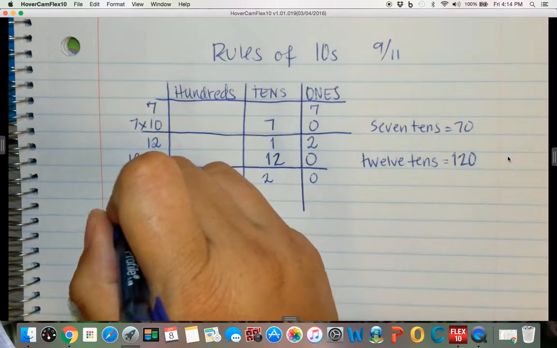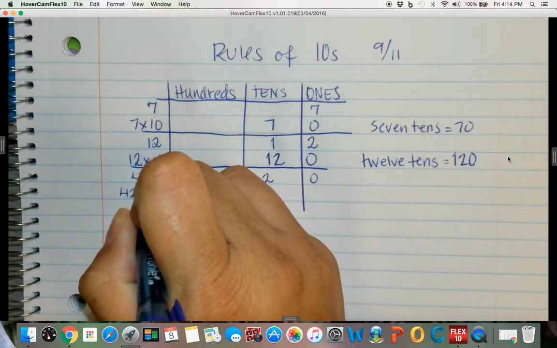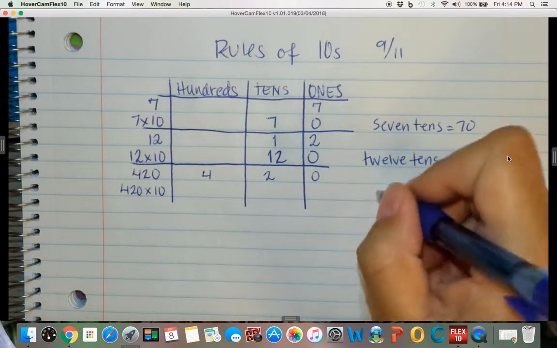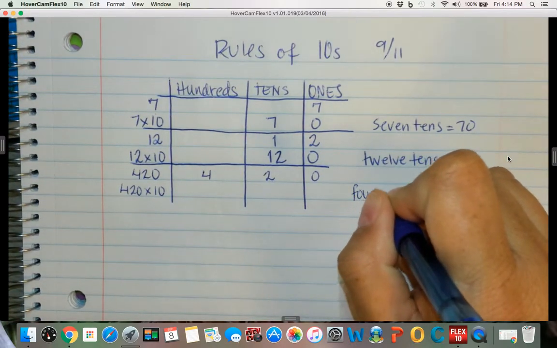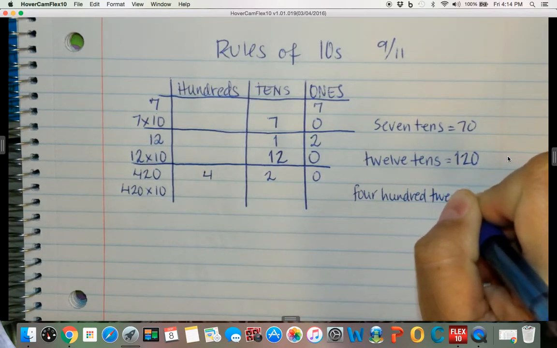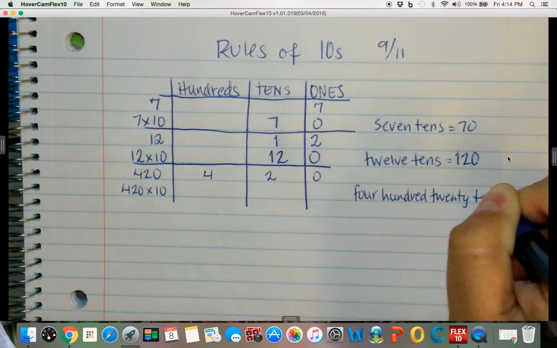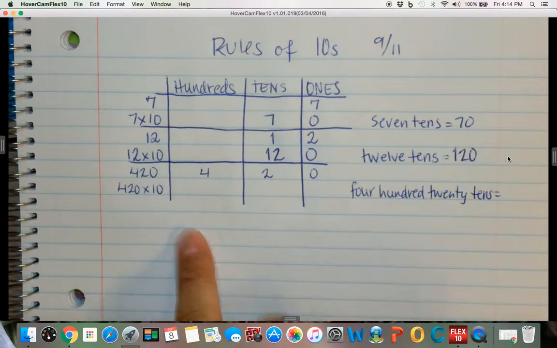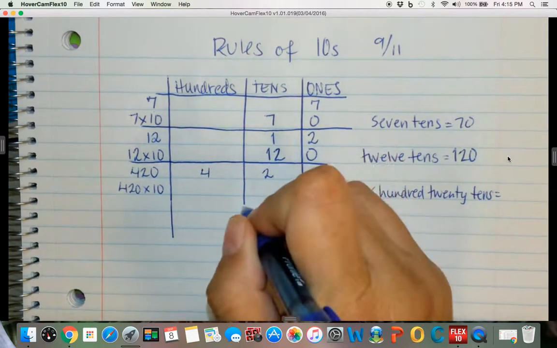And if I take that 420 and I multiply it by 10, it means that I have 420 tens, and I've got to move one more up on my place value chart.